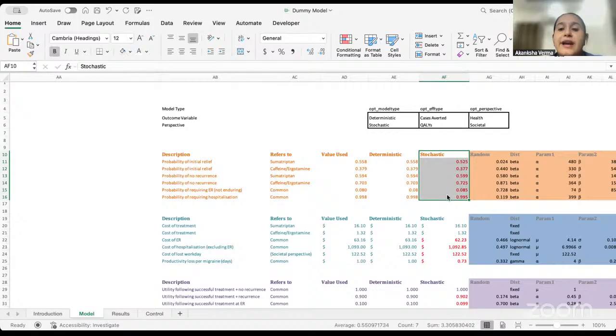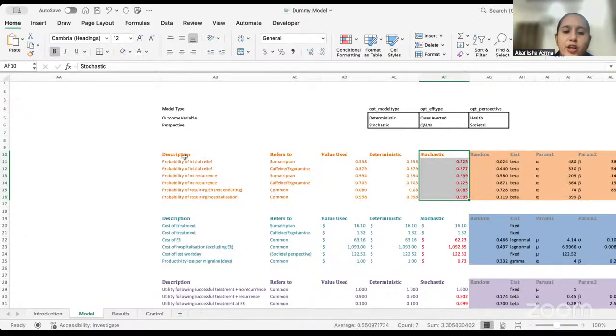I am showing you what a VBA command does in the background, so that it helps you understand how PSA is done, what we do as a scatter plot, and how to interpret it.